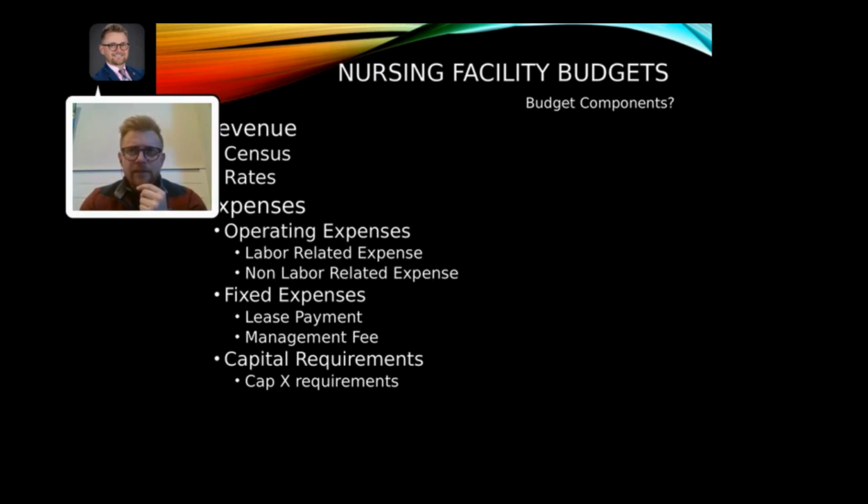A lot of times, if your property is financed by HUD or if there is a REIT behind the scenes, they're going to have some capital requirements, just like a franchise for McDonald's. There's a reason why the physical plant of a franchise routinely updates. If you have an investor behind the scenes, they're going to have some capital requirements for you as well. So we'll dive into each component and talk about them.